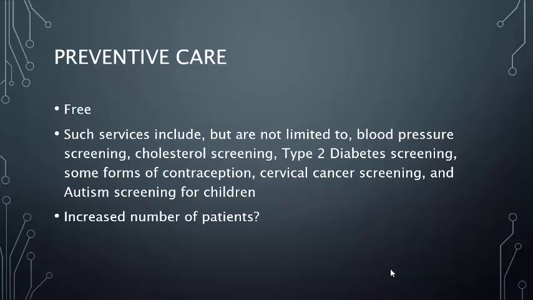And so I see that as an increased number of patients. And when you increase the number of patients to an already burdened system, you have to find a way to become as efficient as you possibly can. And in my mind and my experience, I see that as efficiency through electronic medical records and hospital information systems.